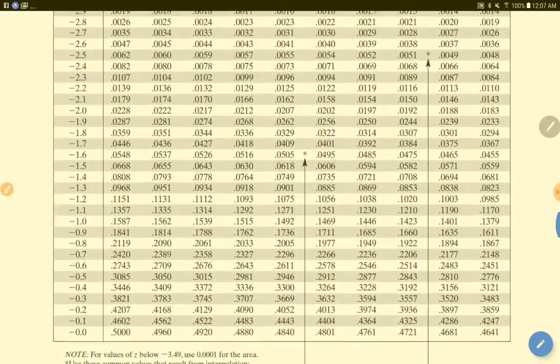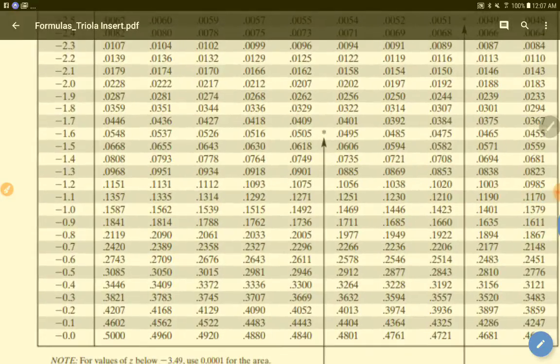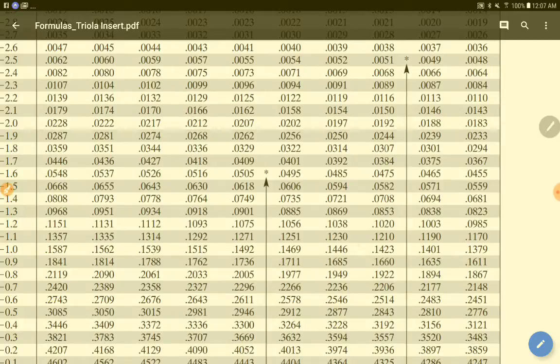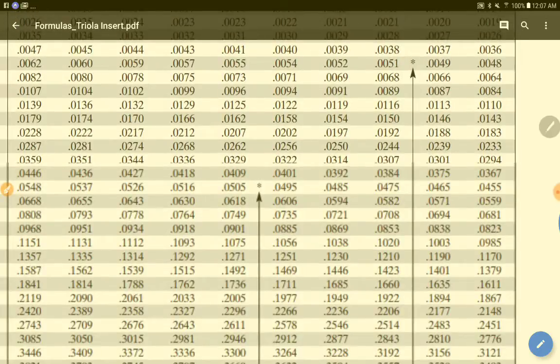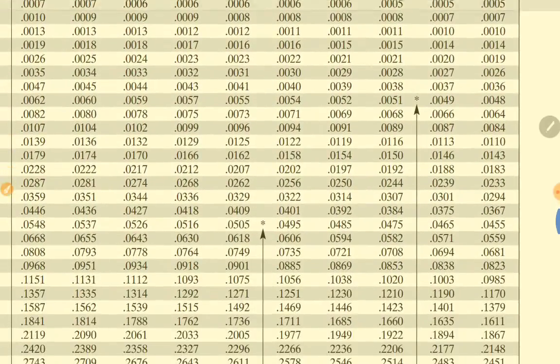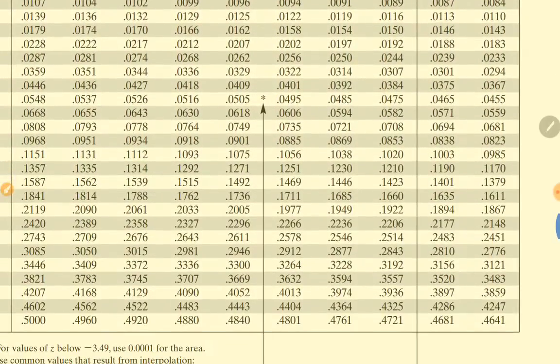So I'm looking, looks like right in here, between 0.1446 and 0.1423. So that is a z-score of negative 1.0, and then the last digit could be either 6 or 7. Right, so which one of these seems closer?